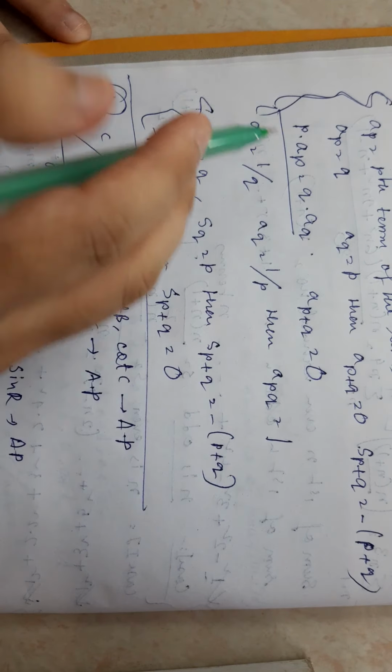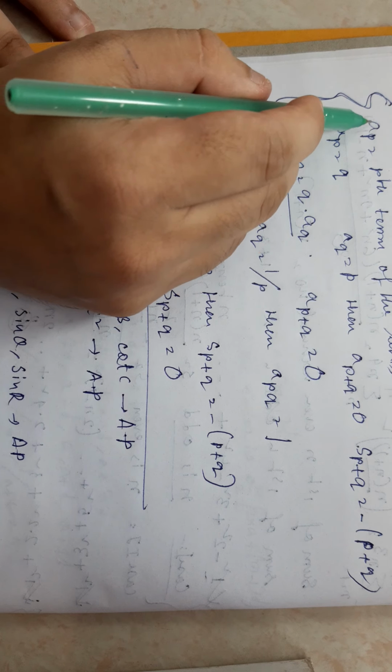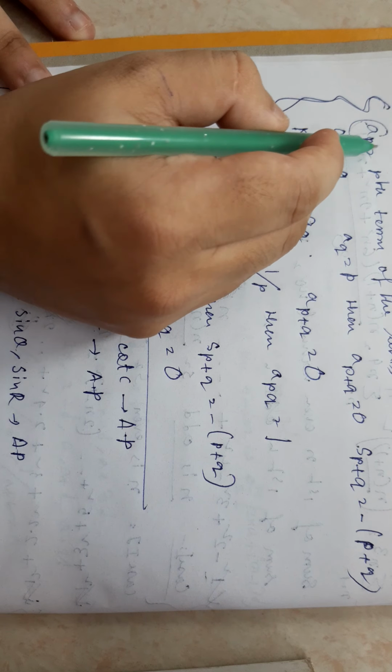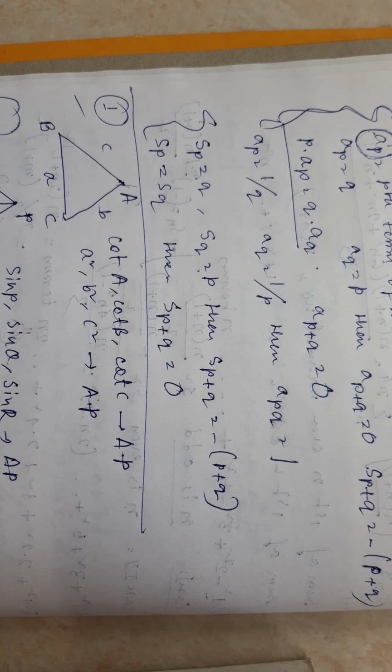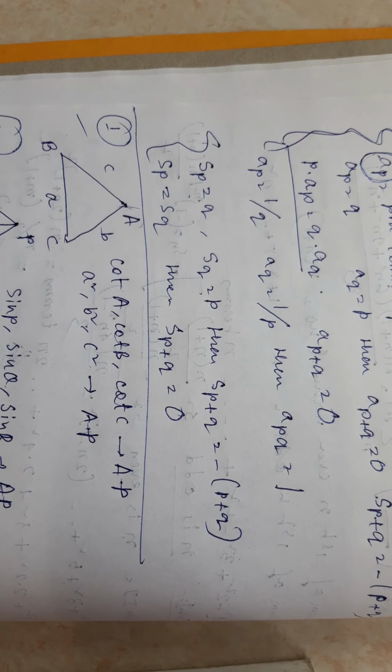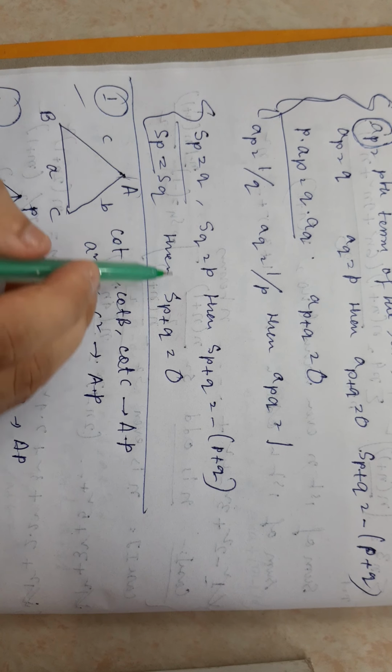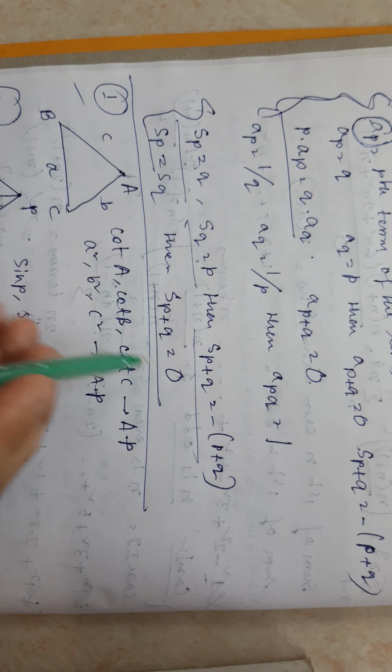Then we learned two segments: if some properties of the pth term or qth term are given, then what the (p plus q)th term and the sum up to the (p plus q)th term will be, and if the sum is given, then what the sum will be.